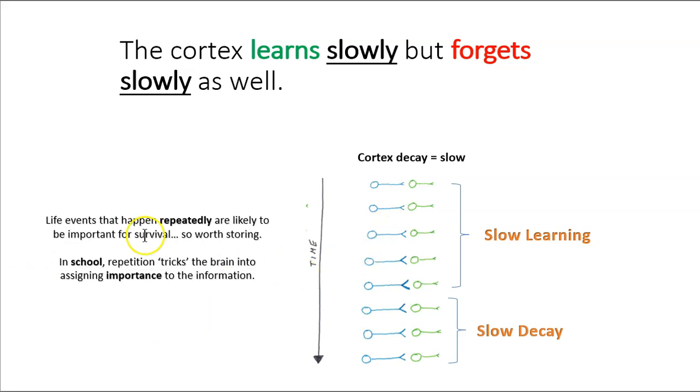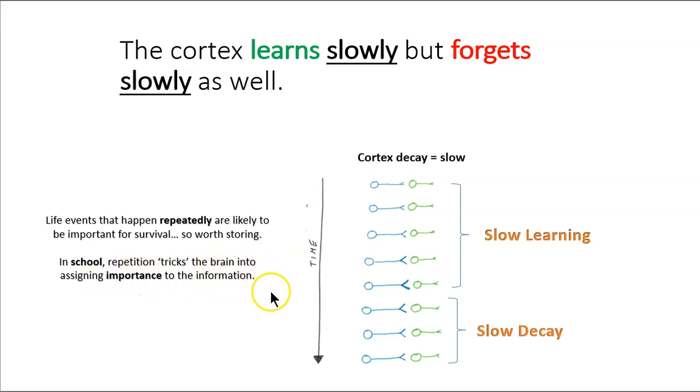Now, from an evolutionary point of view, life events that happen repeatedly are likely to be important for survival, so worth storing. So the brain seems to store information that happens repeatedly. So repeated events in our lives are going to be well represented as memory traces in our brains. Now, in school, when teachers and parents recommend that we repeatedly study, well, we're sort of trying to trick the brain into assigning importance to the information.